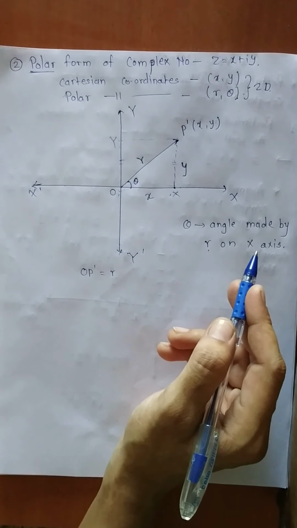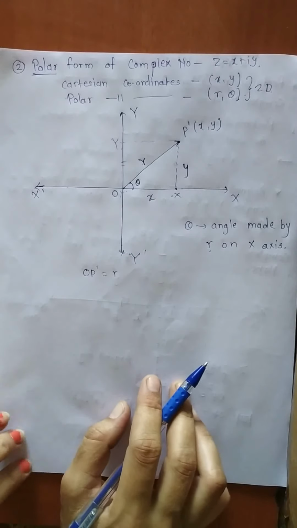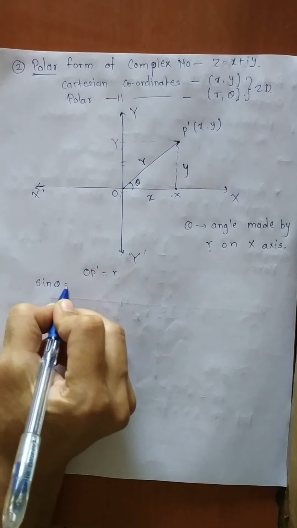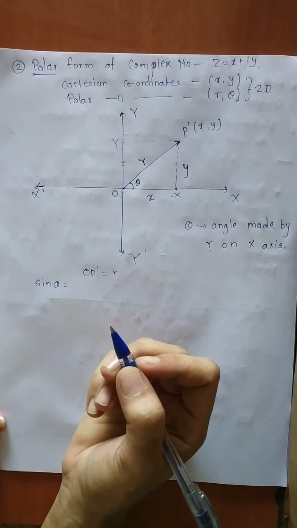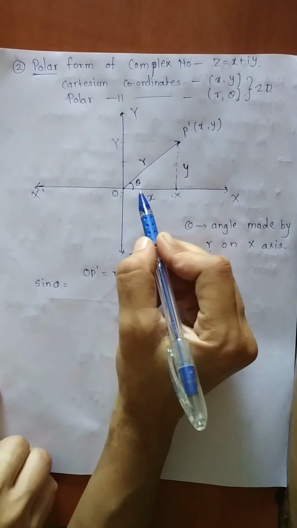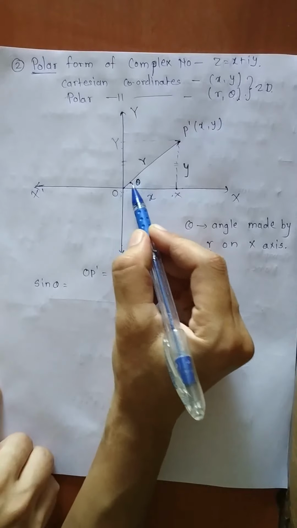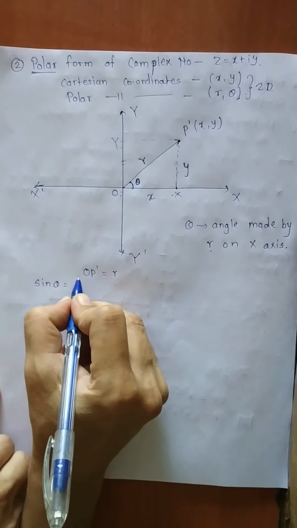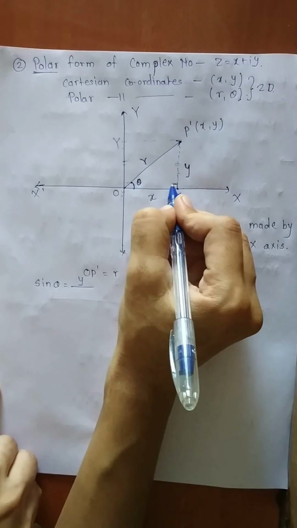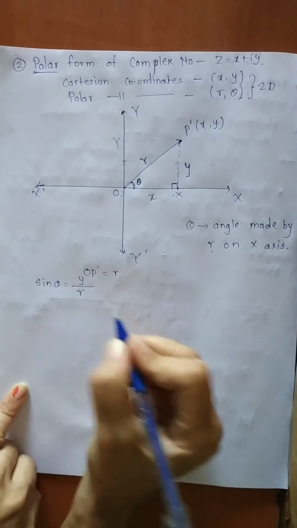Now by using geometry, suppose this is theta. According to the definition, what is sine theta? Sine theta is the opposite side upon the hypotenuse. This is theta, the opposite side is y, and the hypotenuse for this triangle is r.